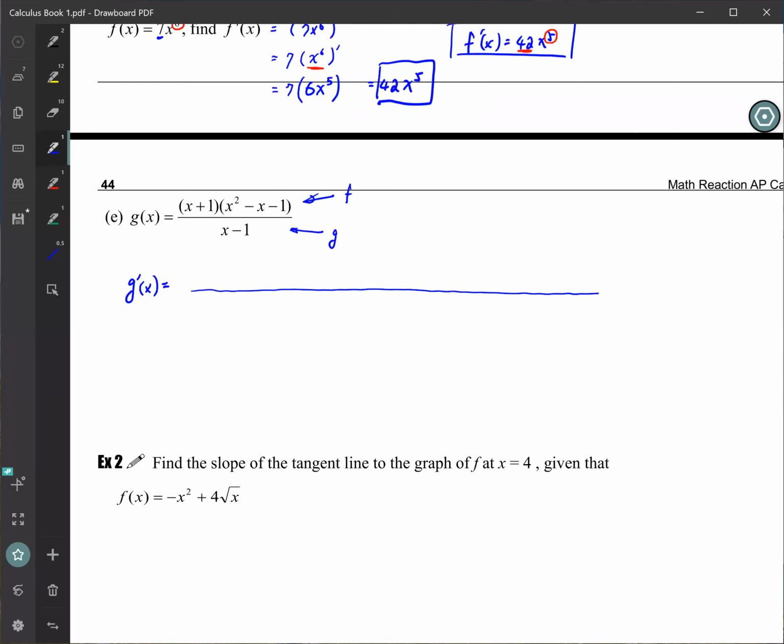Okay, I will do the hardest part for you. G squared.